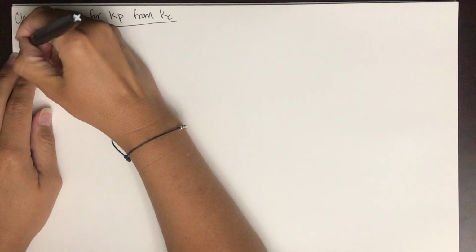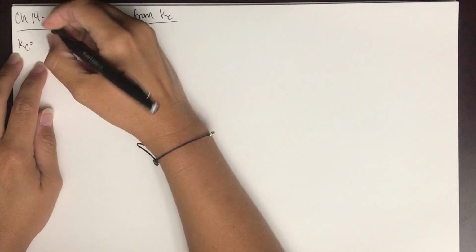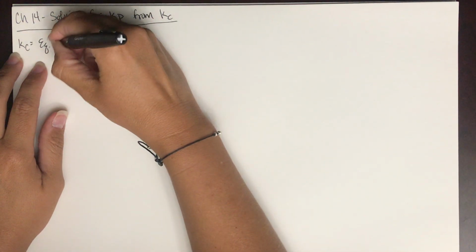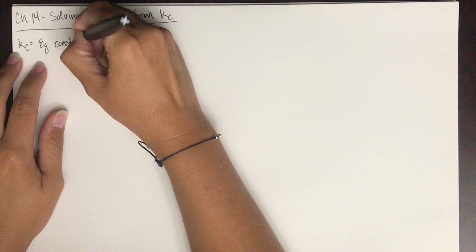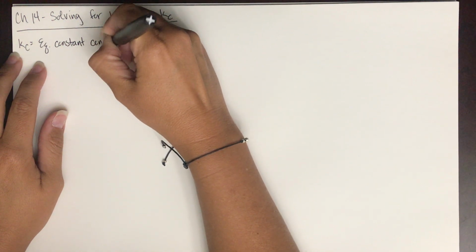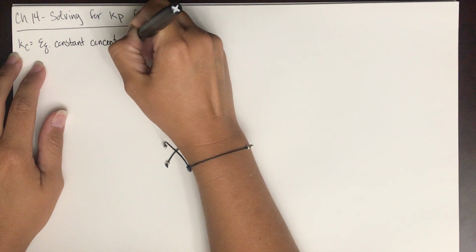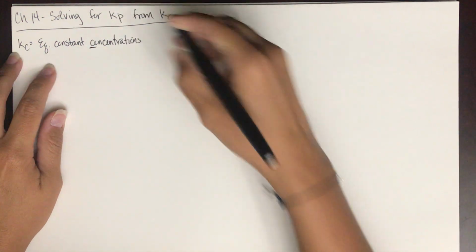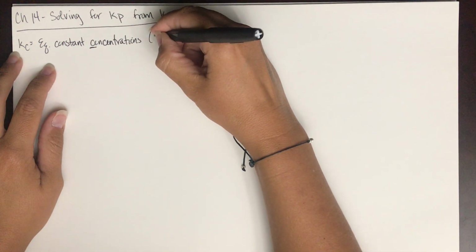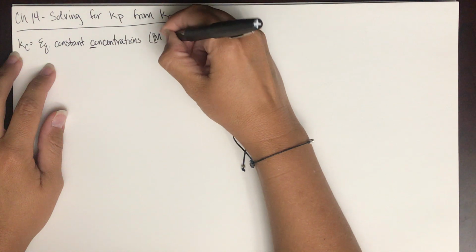So in a previous video, I said that we're going to be talking about all different types of equilibrium expressions and equilibrium constants, and that the Kc was the equilibrium constant for concentrations. That's where the C comes from, concentrations in molarities.